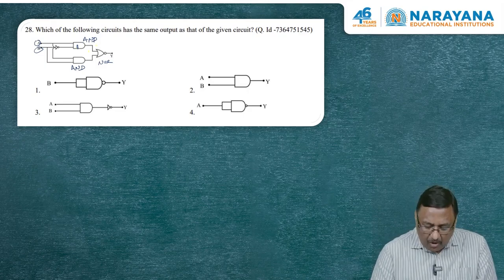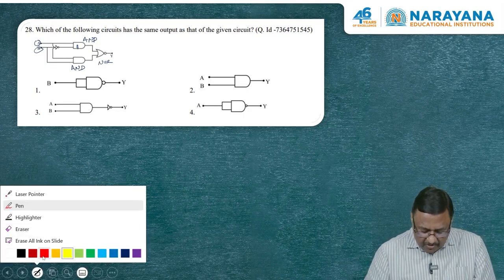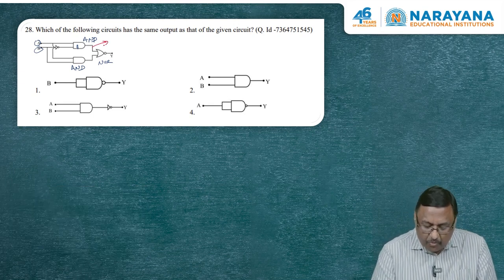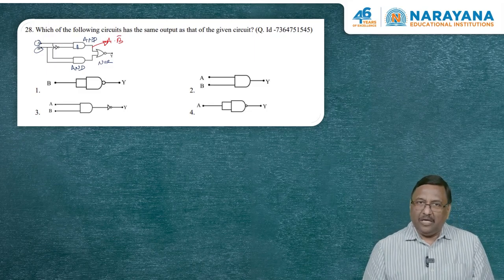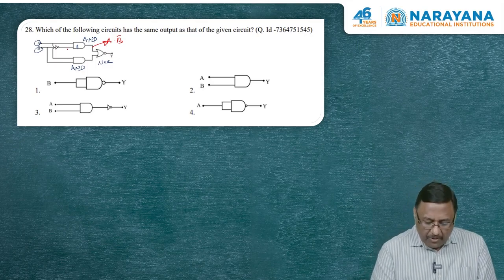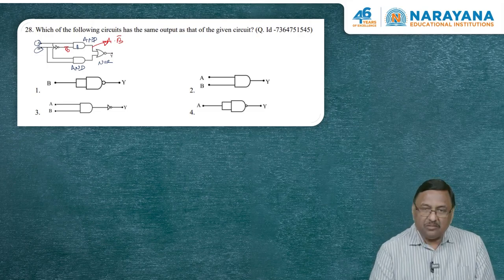So for the upper one, the output, if I denote it in the diagram itself, is going to be nothing but A dot B bar, because an AND gate, we understand, is A and B means A dot B. So I'm writing A dot, but B is coming over here as B bar. So it's going to be A dot B bar.